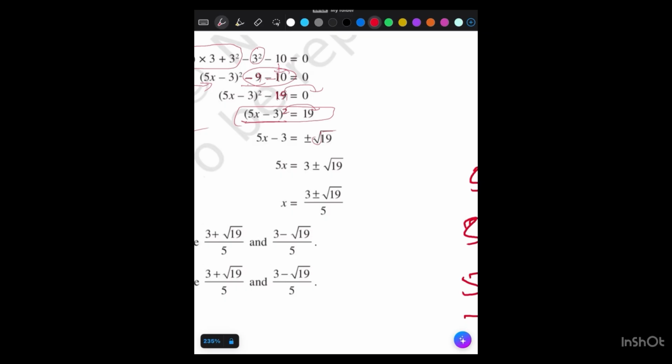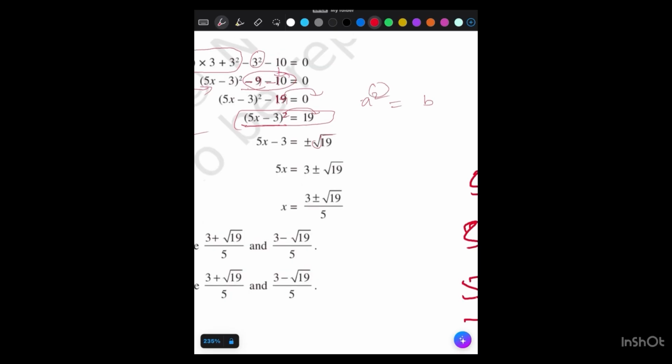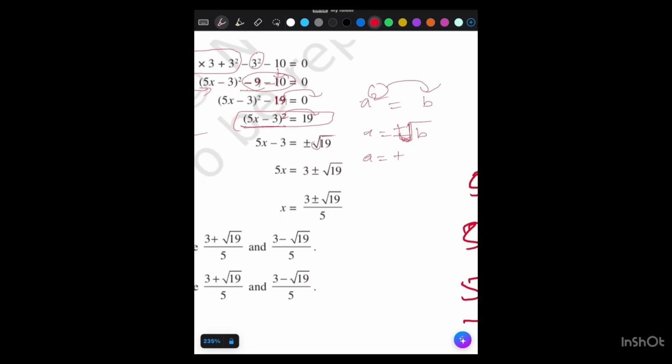If you don't know, no issues, just note it down. Whenever we are having a square, if it goes to the other side, it will become square root of b. And whenever you add a square root, you need to put plus or minus. It can be positive or negative, but we don't know. That is why we say plus or minus b.